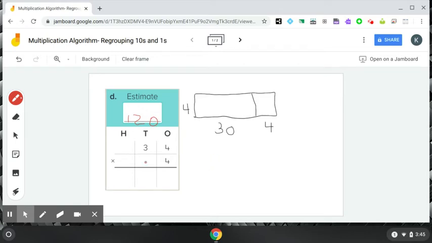Okay, now let's go ahead and do some of the math. As you work with your multiplication algorithm, we always start in the ones place, and we know our first step is to multiply the two numbers here in the ones column. So if we take a look at 4 times 4 in our partial product box over here, we can see 4 times 4 is 16. That's a basic fact we're really good with.